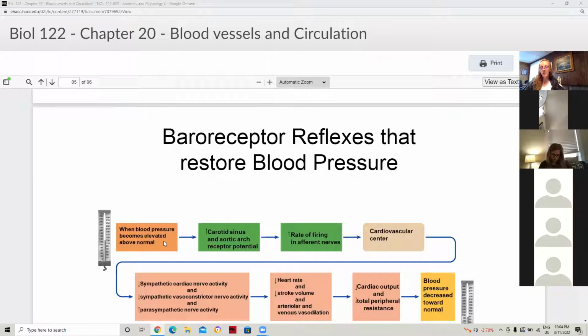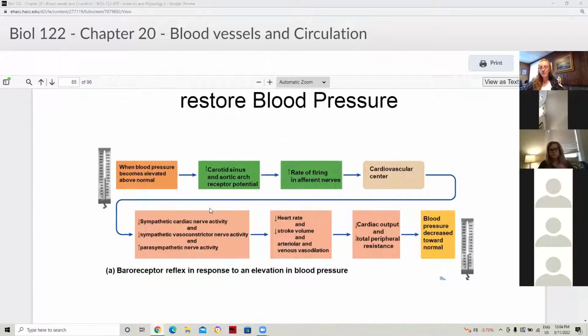When the blood pressure gets elevated, they sense that change in stretch, and they increase their rate of firing. They send that signal to the cardiovascular center in the medulla oblongata.